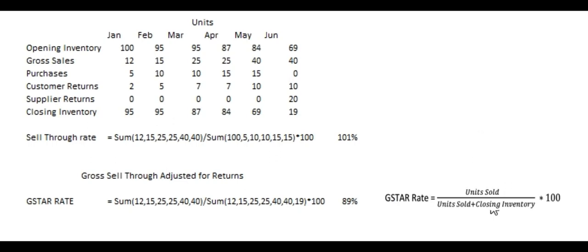Now, if you look at gross sell-through adjusted for return or GSTAR rate, it accommodates these frequent changes in the inventory position either through returns or through purchases, and given it works on gross sales and closing inventory, it gives a much more realistic or sensible sell-through rate of 89%.